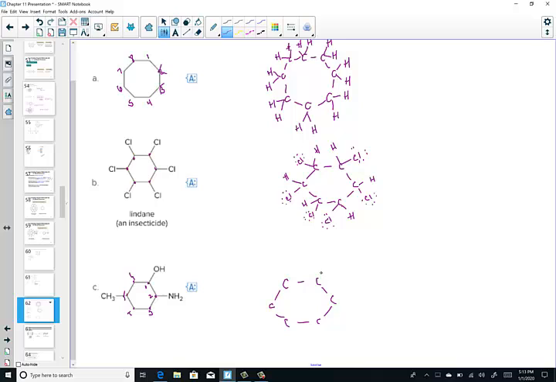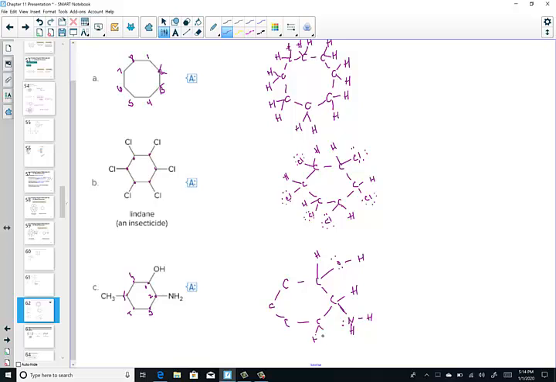Carbon 1 has an alcohol group, so I know that has an O bonded to an H. The oxygen requires 2 sets of electrons. The 4th bond coming out is a hydrogen. We don't see it, but we know it's there. Carbon 2 has a nitrogen, and it's leading out to 2 hydrogens, and it also requires a set of electrons, and the hydrogen completes that carbon's octet.